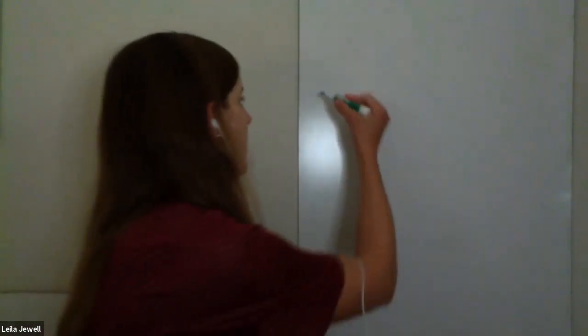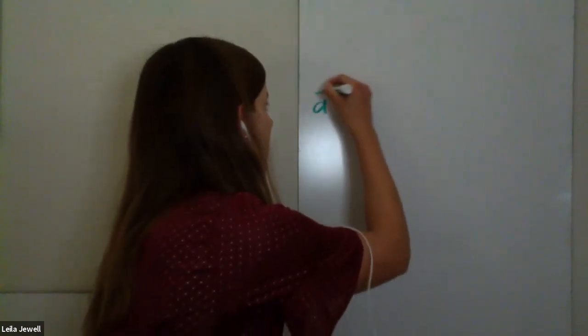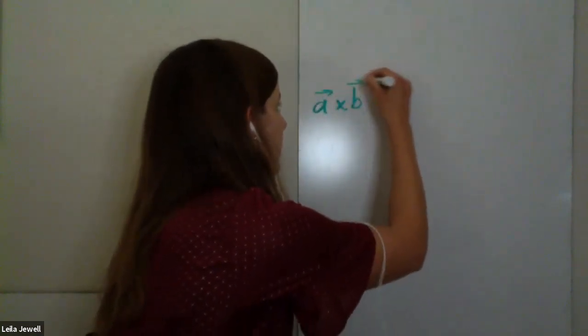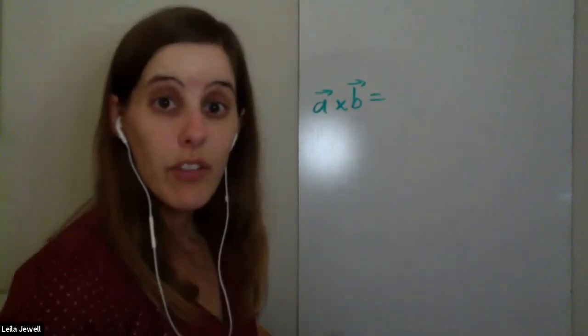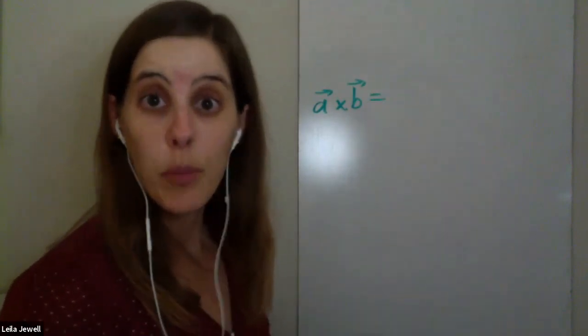So if I have vector A crossed with vector B, then the way I will often like to think about this is the determinant method.